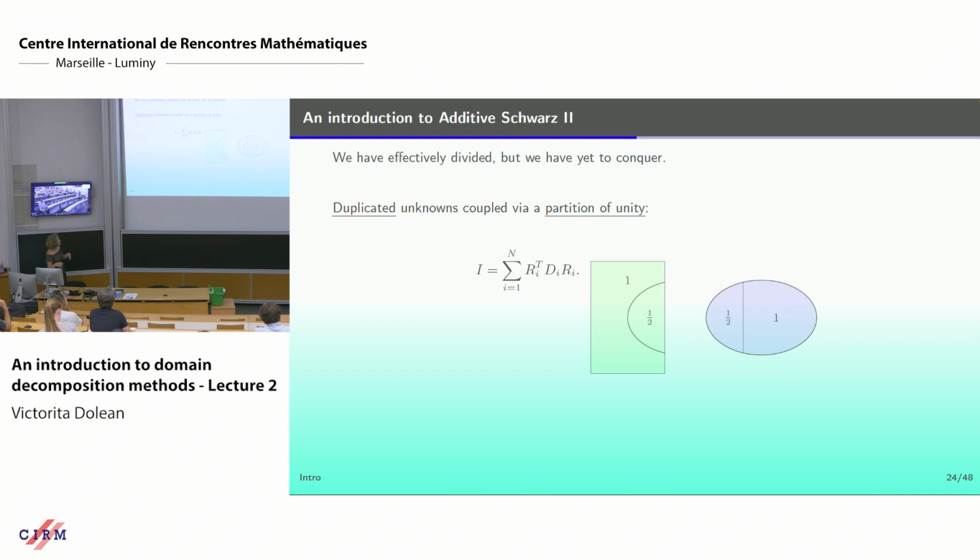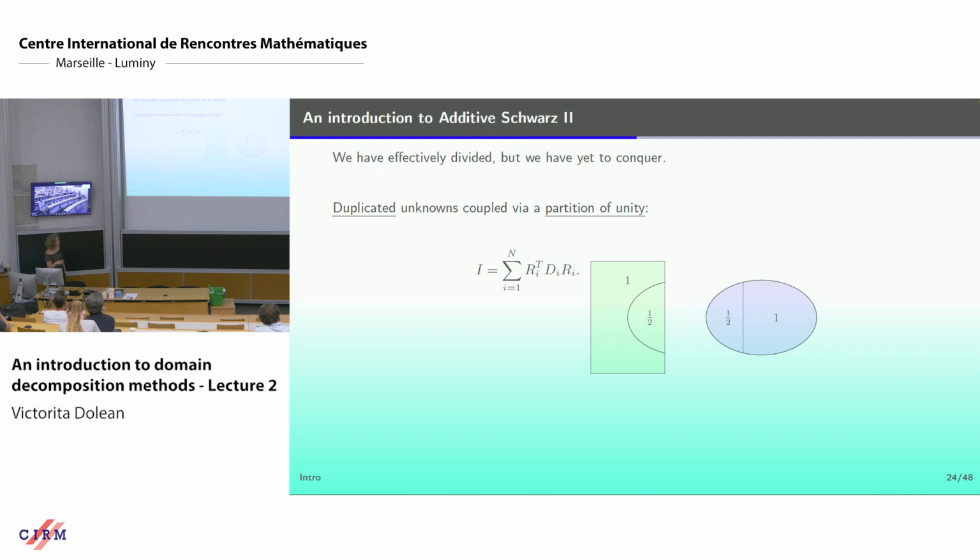So we have divided, but we need yet to conquer. Here first notice that you have duplicated unknowns. In the overlap you have double versions of the unknown vectors. That's why you need a partition of unity here. The partition of unity is simply a matrix such that this relation holds, and this ensures that you don't put too much information.